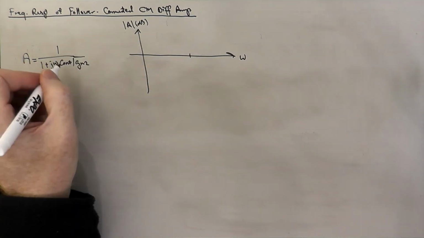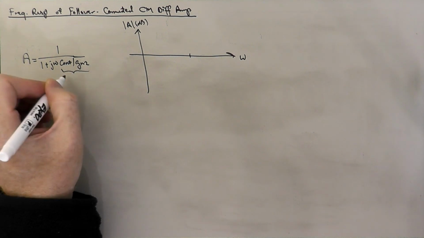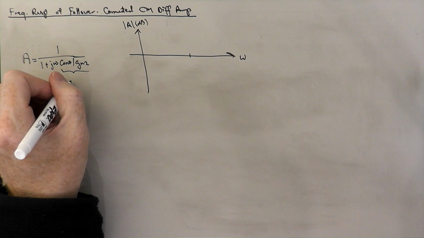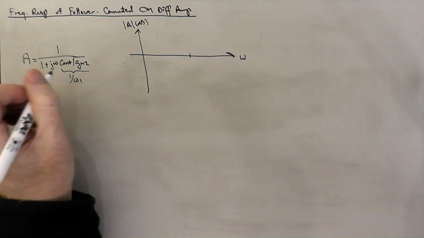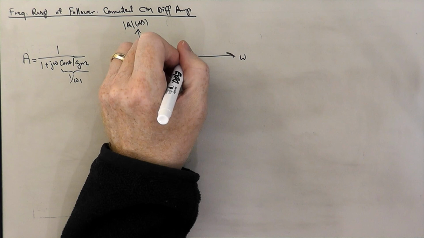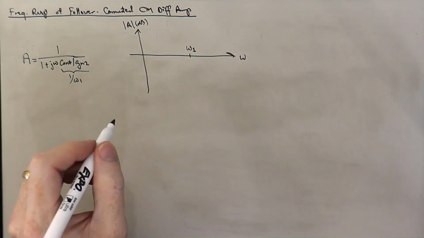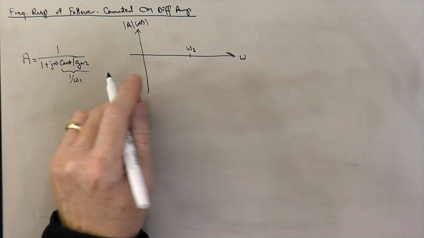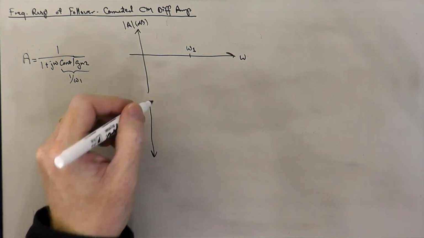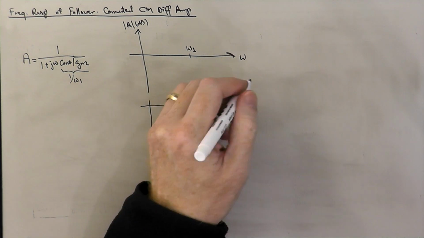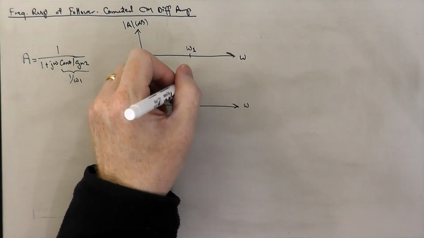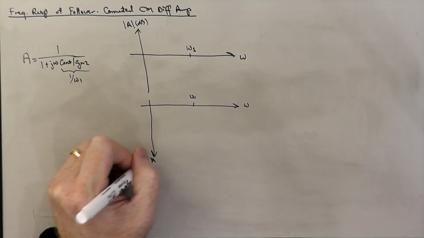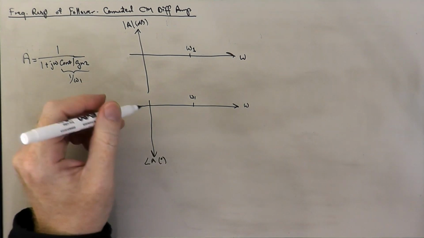So if we call this over omega 1, call this omega 1. And we plot the angle in degrees.